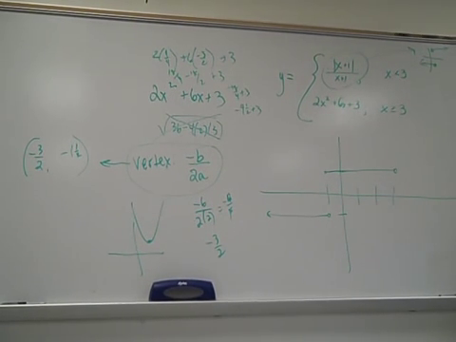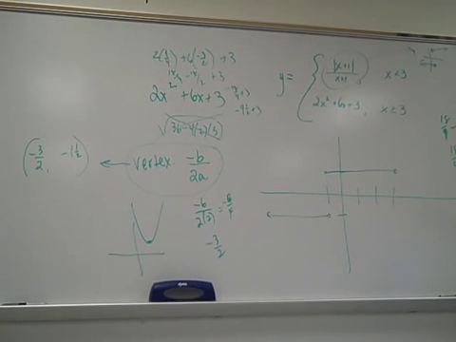Because 18 halves is 9, and negative 9 plus 3 is negative 6. Just do negative 18 plus 12. What's 18 minus 24? Negative 6/4. That's what I got. That's what I've been saying this whole time.